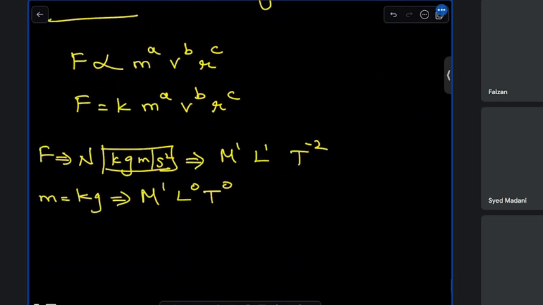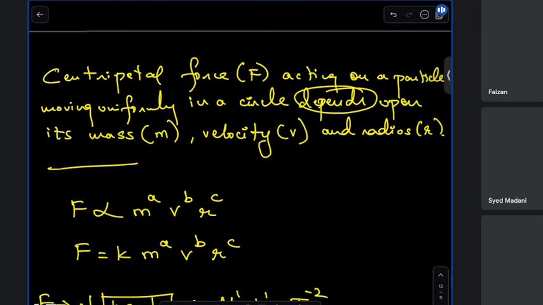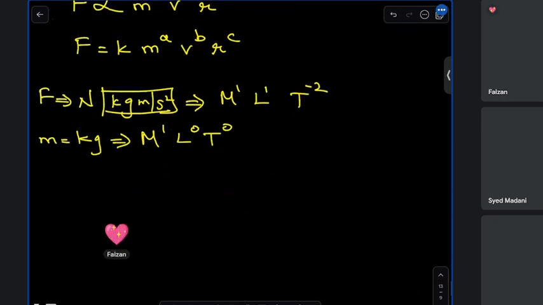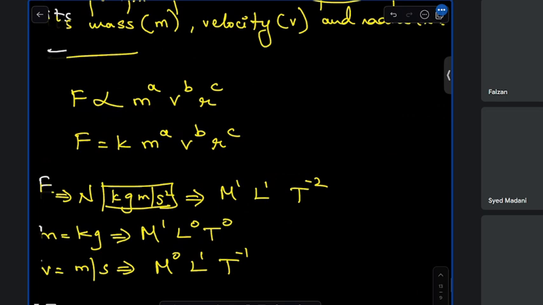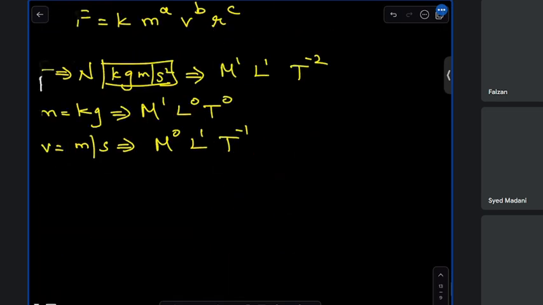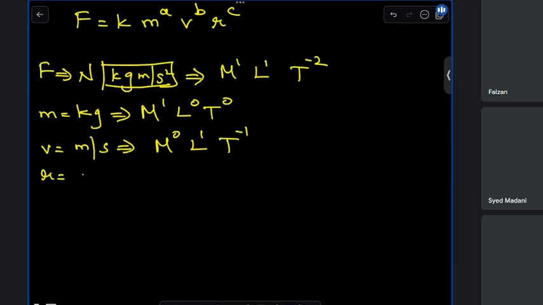Same thing we'll do for V, meaning velocity. Velocity is meter per second, meaning M to the power 0, L to the power 1, T to the power minus 1. Next is radius. Careful guys, radius is some sort of meter itself. Meter meaning M to the power 0, L to the power 1, T to the power 0. I've got all the 4 right.